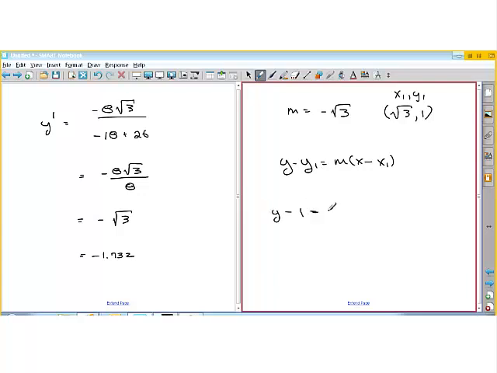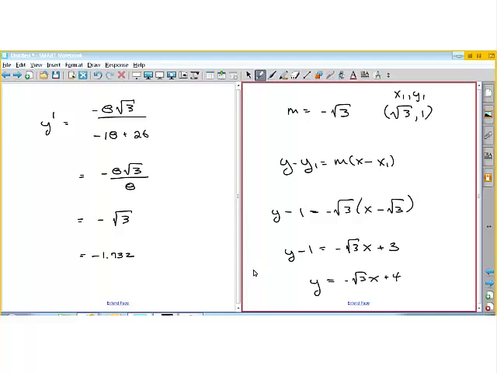So we get y minus y1 is equal to m times x minus x1. So y minus 1 is equal to negative the square root of 3 x. Negative times negative is positive, positive 3. So solve for y, we'll get negative the square root of 3 x plus 4.